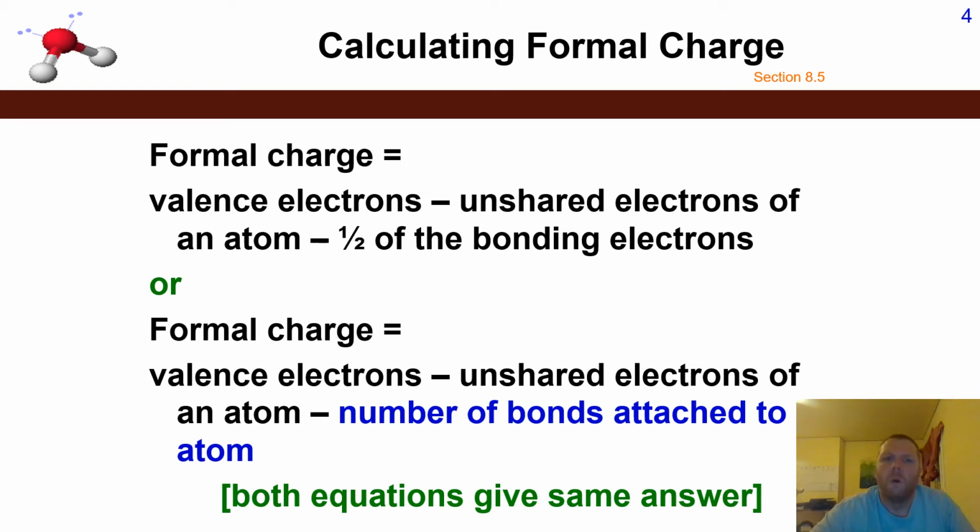Or you could use valence electrons minus unshared electrons of an atom minus the number of bonds attached to an atom. Both equations are going to work. My personal preference is to use this lower example, where we're looking at valence electrons minus unshared minus number of bonds.